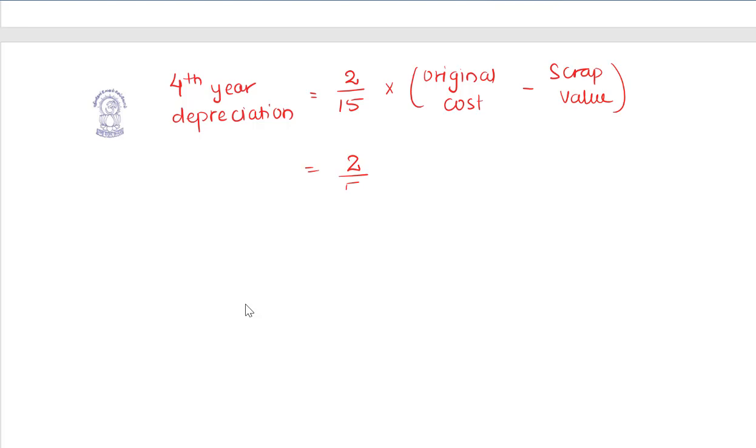So 2 by 15 multiplied by 2 lakhs minus 20,000.